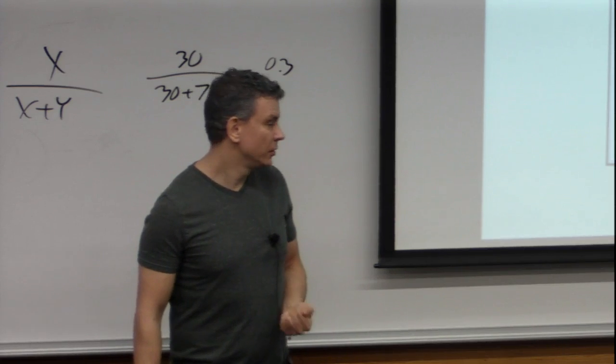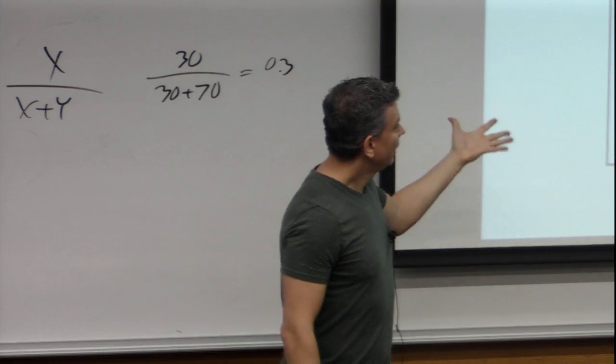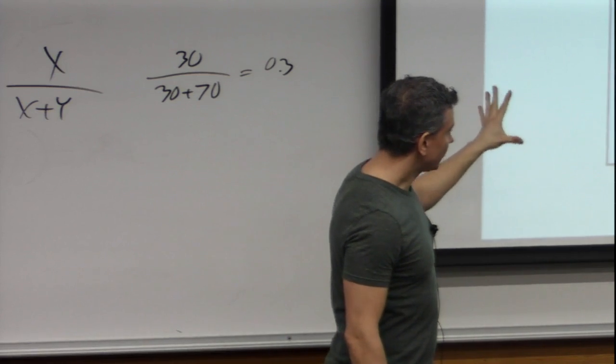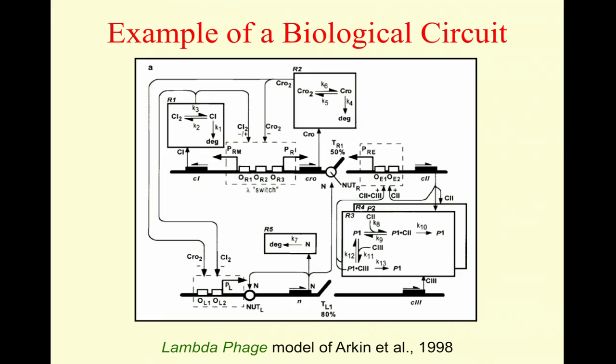But the cartoon description is helpful to somebody who's a real expert in the field. The key point is that what's going on is this circuitry, which is the gene network in the virus, is the circuitry that tries to decide whether the virus goes into lysis versus lysogeny.